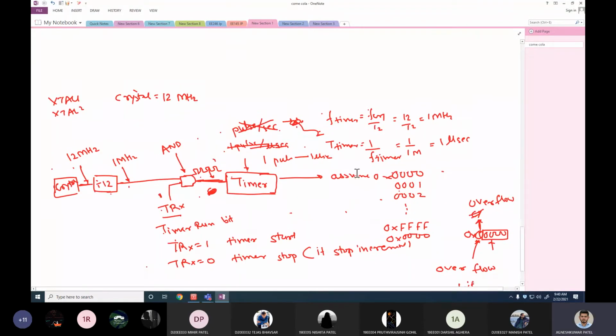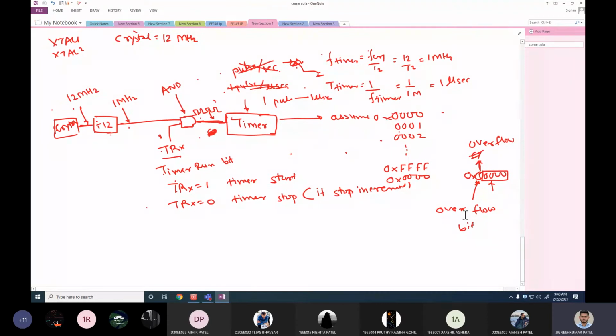So whenever the timer overflows, you have this overflow bit, and there is one more control bit for your timer. Let's draw that part where you have overflow. At this end here, I have my timer overflow bit, and it is known as TFX.